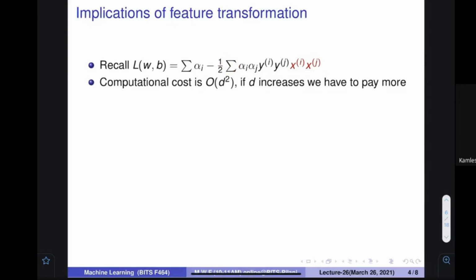Let me take an example: xi is equal to 2, 3, and xj is equal to 5, 1. So what is xi, xj? It is going to be the dot product, the term by term multiplication. It is going to be 10 plus 3. It is going to be this value.